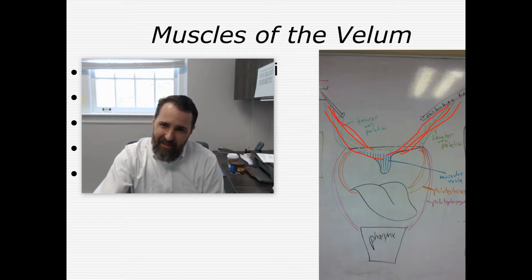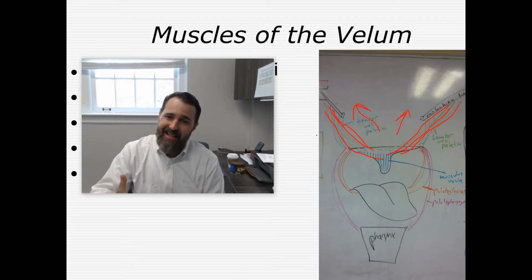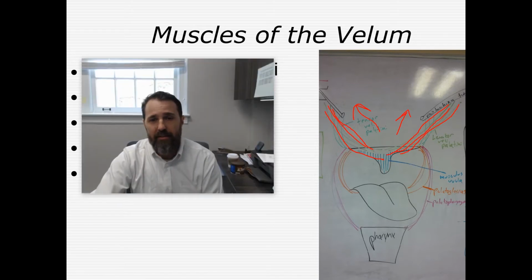And you can tell if this muscle contracts, it is going to elevate the soft palate. And so the Levator Veli Palatini is the primary elevator of the soft palate.